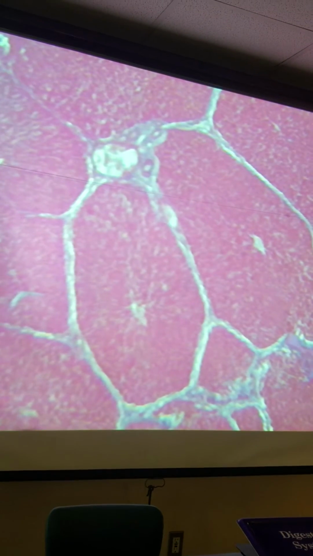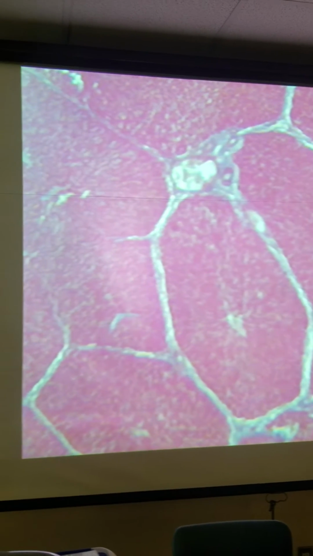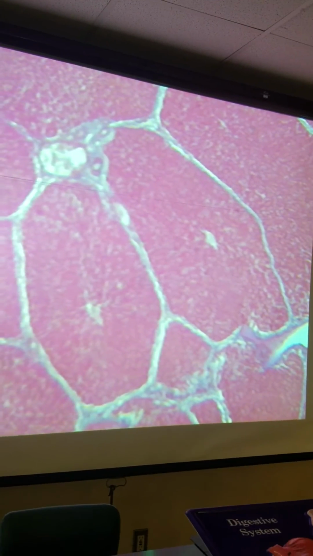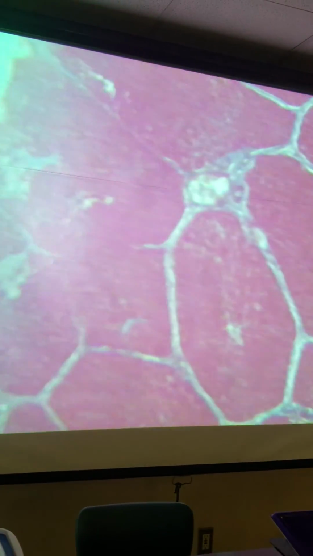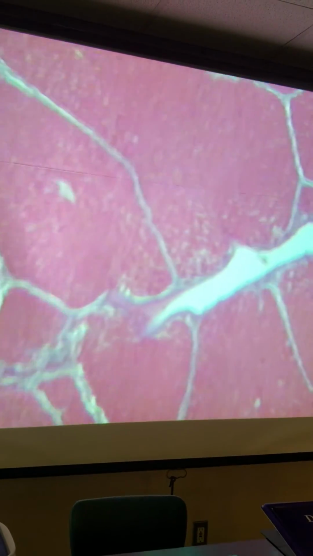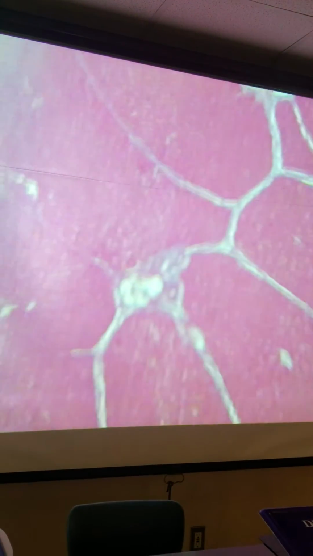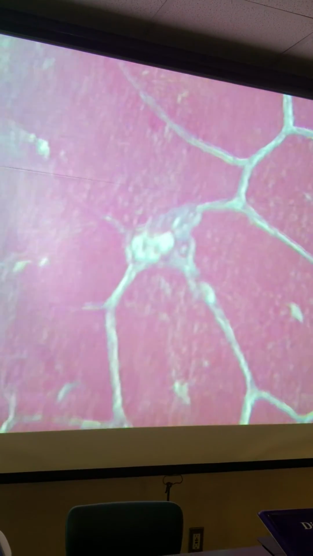Right? So let me scan around a little bit so you get the feeling of what these repeating lobules appear as. You can see them repeat all over. And then we're going to magnify.